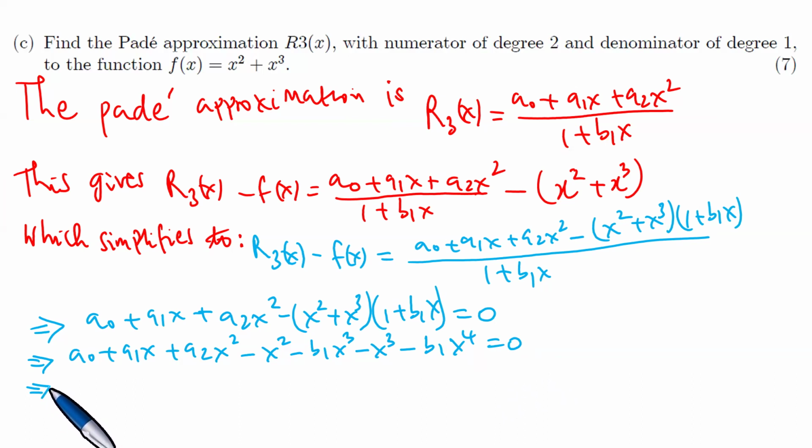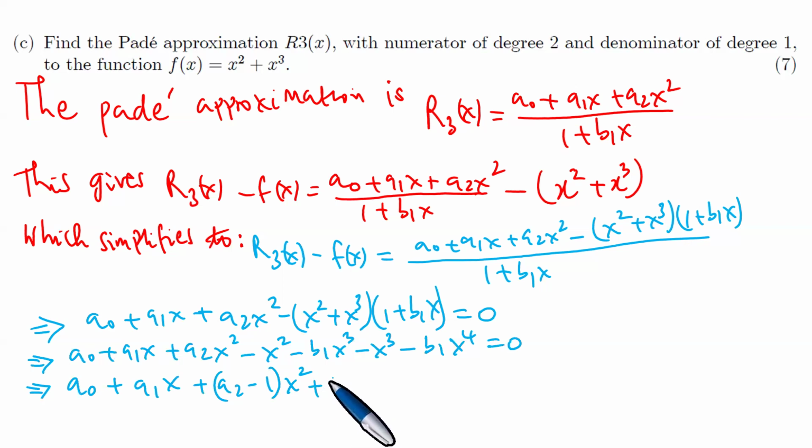So in the end, which means there's a1x. Then quadratic is (a2 minus 1)x². (b1 minus 1)x³. So we have this.